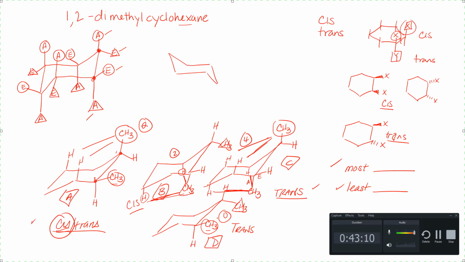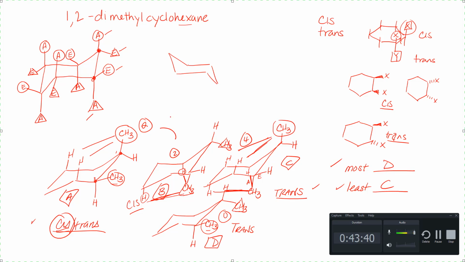Which conformation has the least number of destabilizing interactions? D. Which one has the most number of destabilizing interactions? C. What about A and B? A and B have the same number of destabilizing interactions, 2.